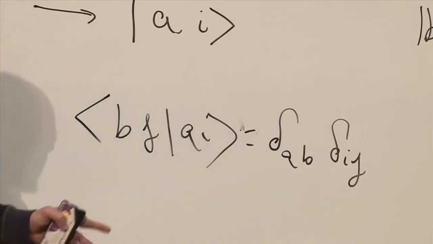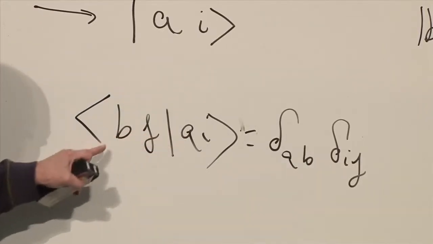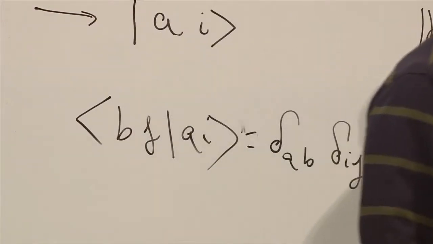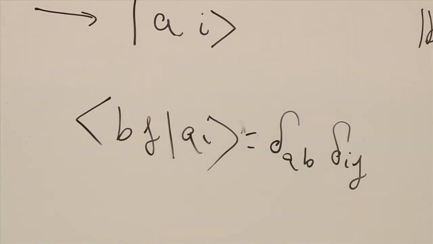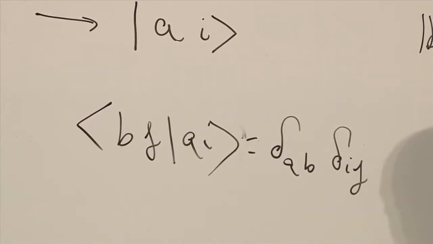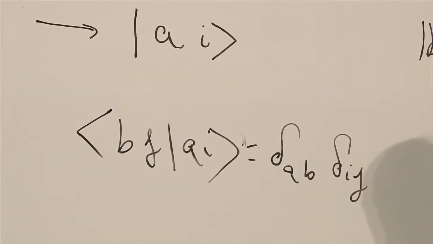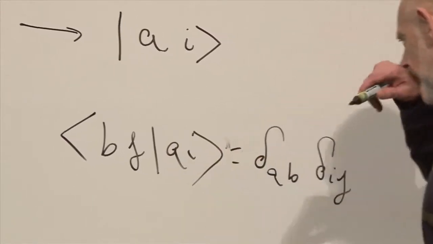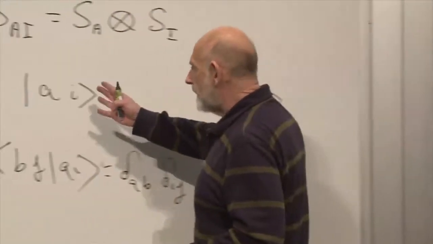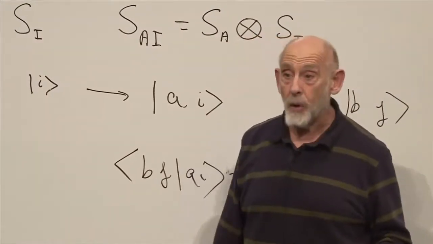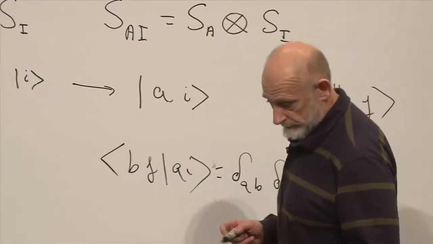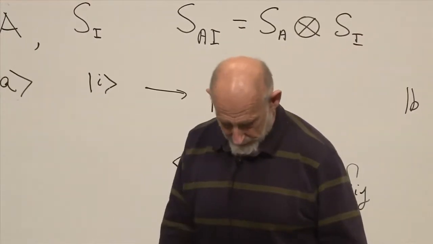It's only non-zero if I is equal to J and A is equal to B. So these vectors formally, by construction, which means you're simply assigning values to things now, but in a way that is useful, these vectors form, by definition or by construction, an orthonormal basis for the combined system. And this makes sense.